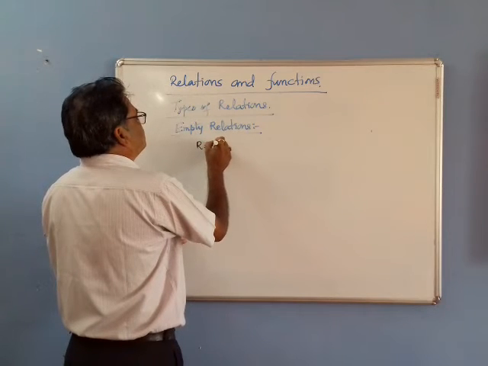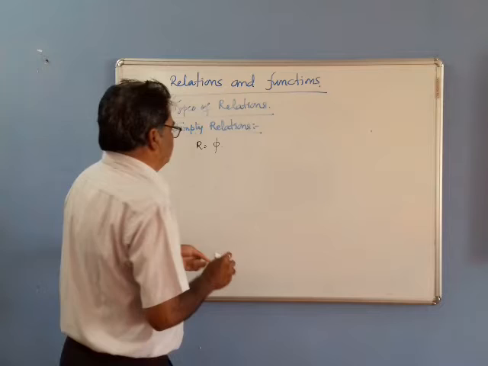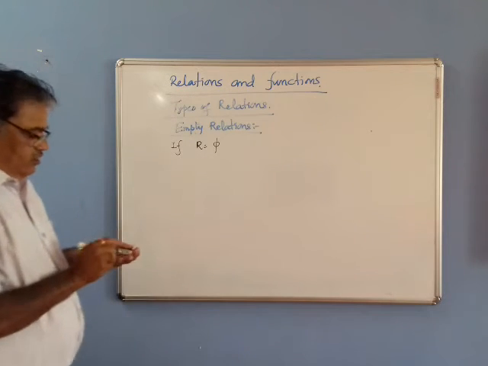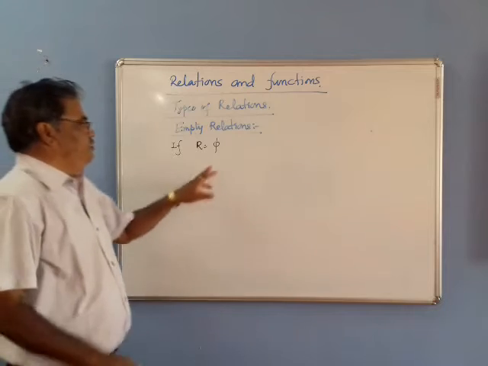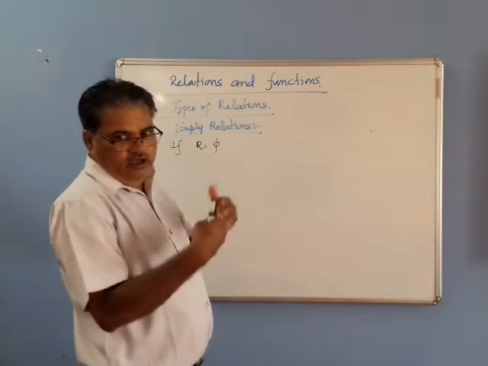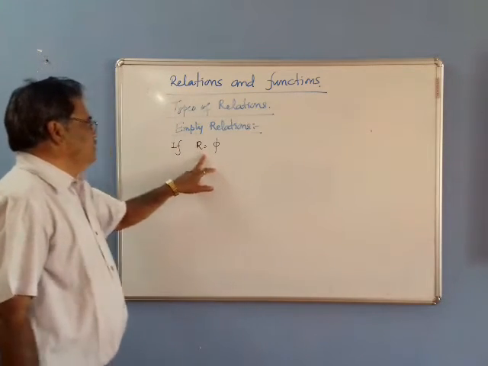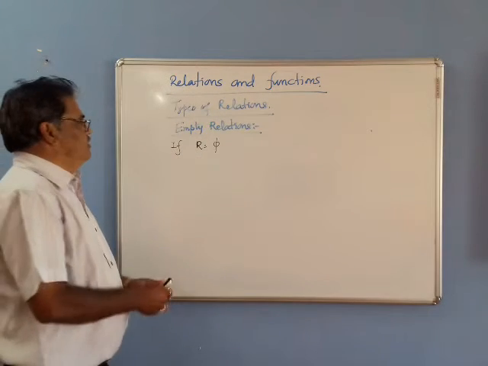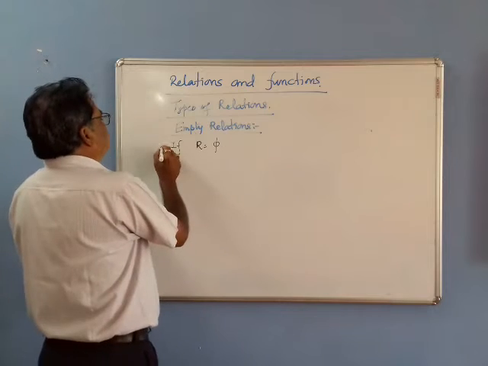If R is equal to phi, then it is called empty relation. Phi means null set. There is no element in this set R, then it is called empty relation.